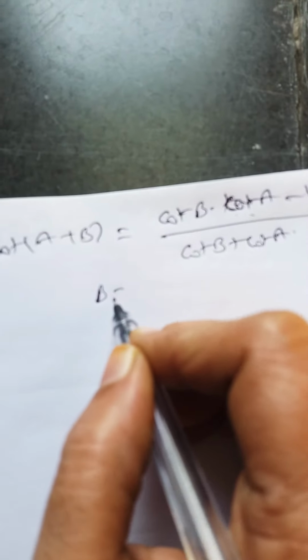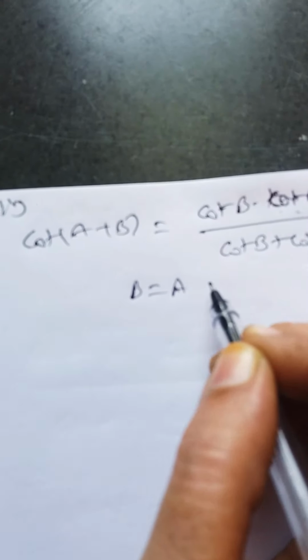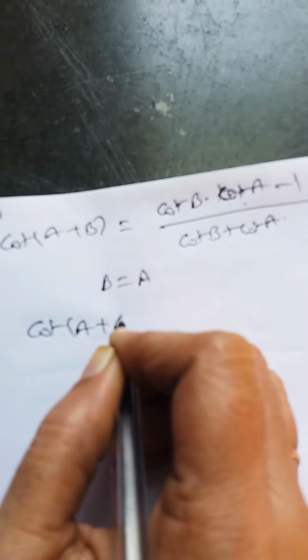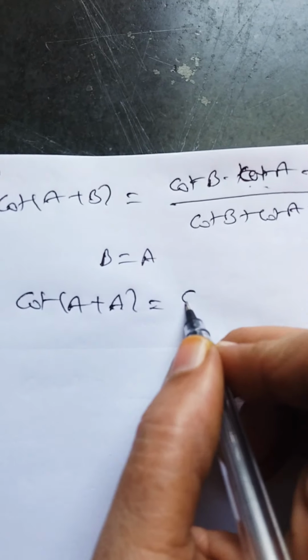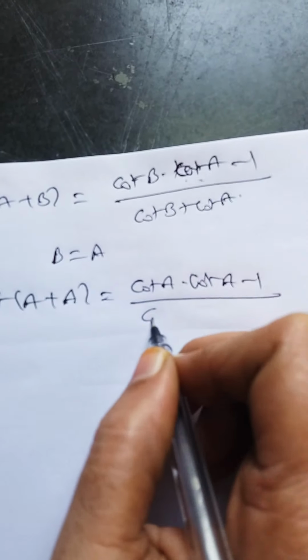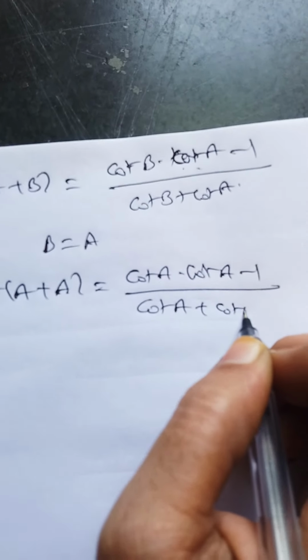Similarly, cot of a plus b value is cot b into cot a minus 1 by cot b plus cot a. Now again the same thing, replace b is equal to a. We'll get here cot of a plus a is equal to cot a into cot a minus 1 by cot a plus cot a.